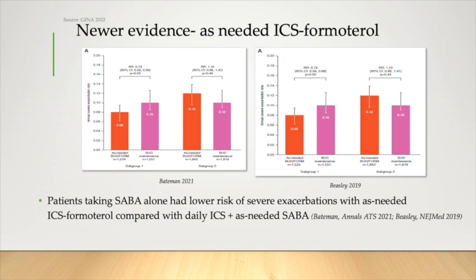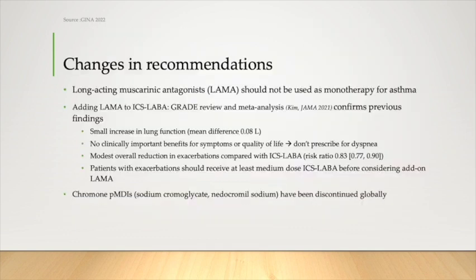And the newer evidence on as needed ICS formoterol also comes from the Bateman study 2021 and the Beasley group of 2019, where they have mentioned that if a patient is taking as needed budesonide and formoterol, then the number of exacerbations annually will be lesser as compared to the patient who's not doing so. And we can see it in both the groups. So a lower risk of exacerbations compared to daily ICS plus as needed SABA.